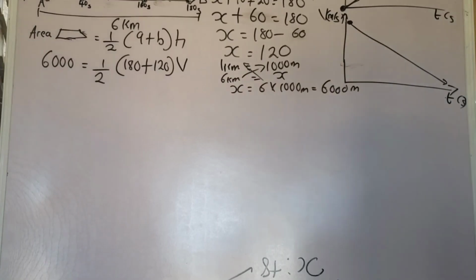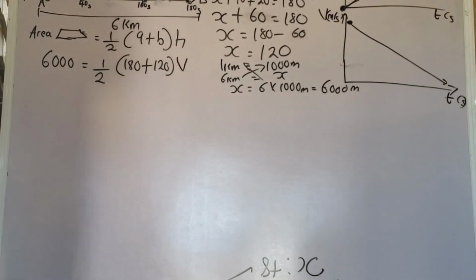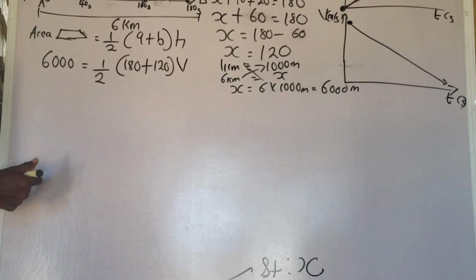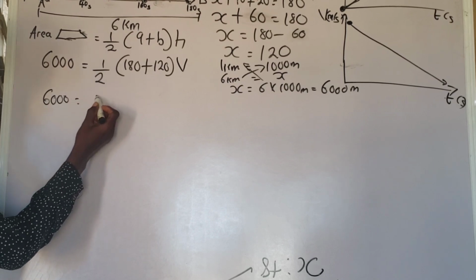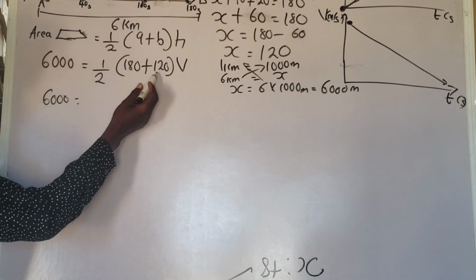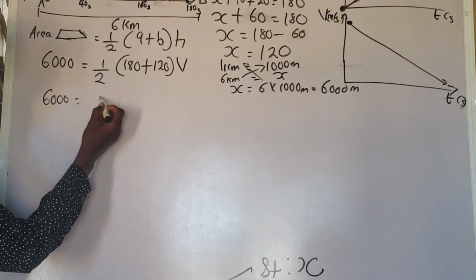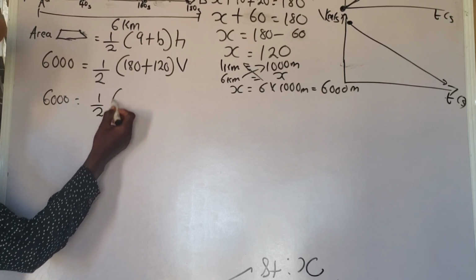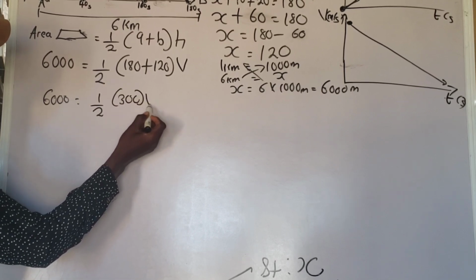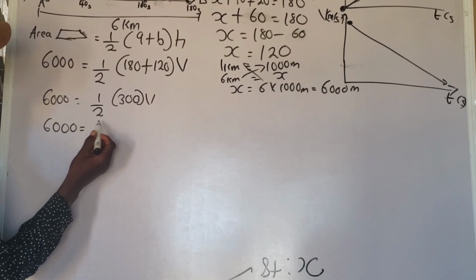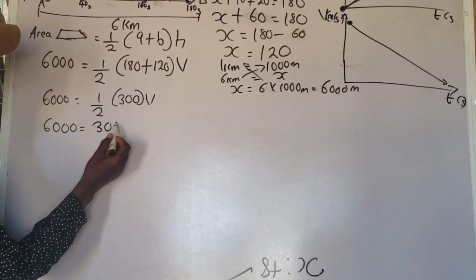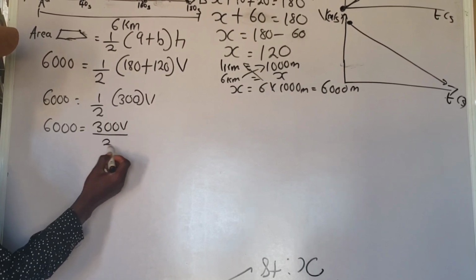Okay, so let's calculate the value of v. For this, I'm going to have 6,000 is equals to 180 plus 120, that will be what? 300. So I'm going to have 1 over 2 multiplied by 300 multiplied by v. So 6,000 is equals to 300v all over 2.